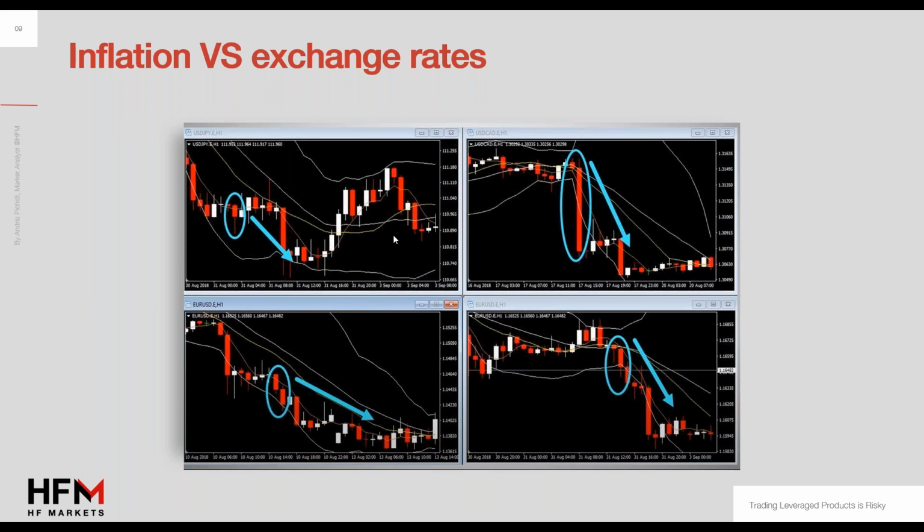Before I move to an overview of what's expected today and how it could affect the dollar crosses, I will also explain how it could affect minor currency pairs as well. Your example is very good because it's a yen currency, and remember that yen is considered to be a safe haven as well. So I will come to that in a bit.